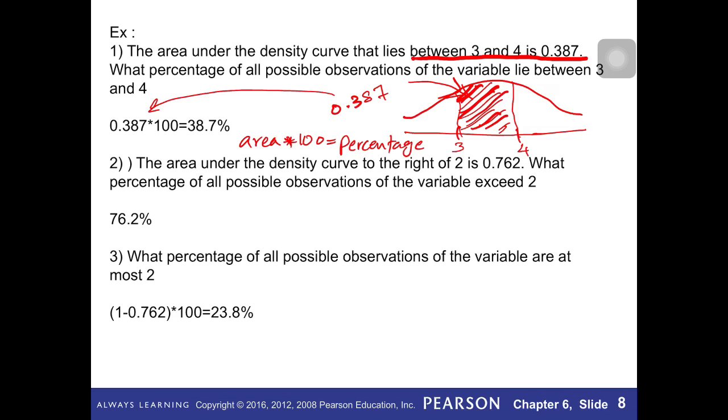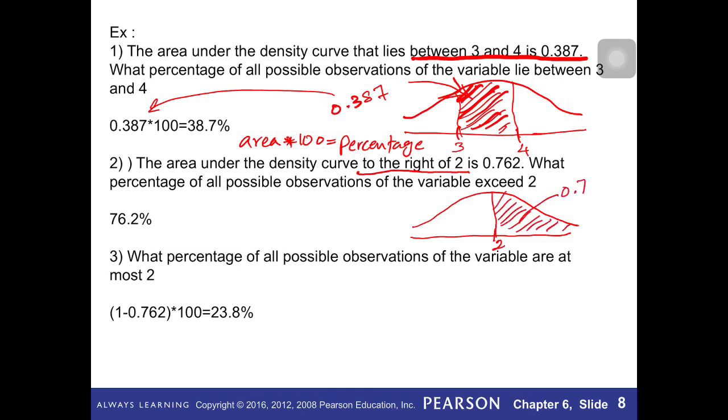Okay, second one, the area under the density curve to the right of 2 is 0.762. When you read this kind of question, please try to draw a picture until you are familiar with these concepts. To the right of 2 means whatever is from 2 to the right hand side.